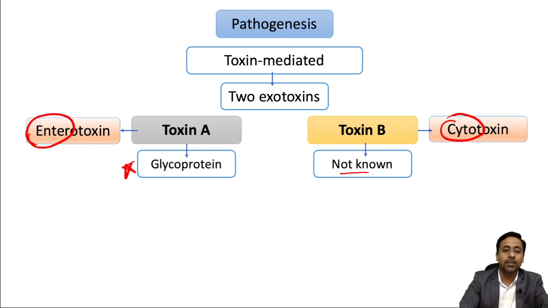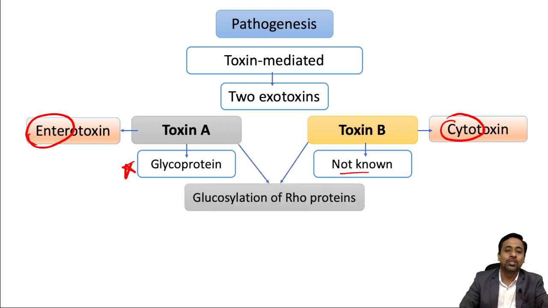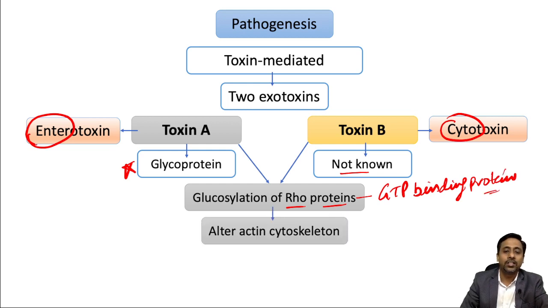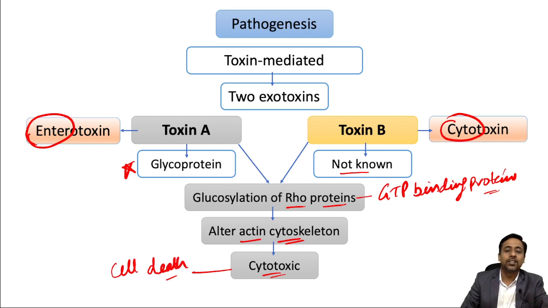The mechanism of action for both is glucosylation of Rho protein, which is a GTP binding protein. Glucosylation of this protein leads to alteration of the actin cytoskeleton of the cell, ultimately having a cytotoxic effect and leading to cell death. This is the pathogenesis, or action, of the toxin.